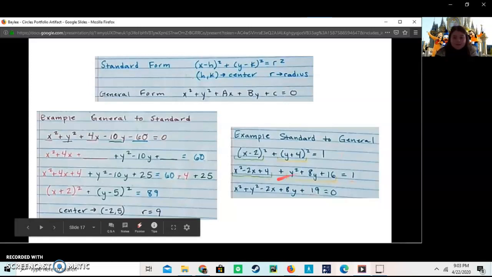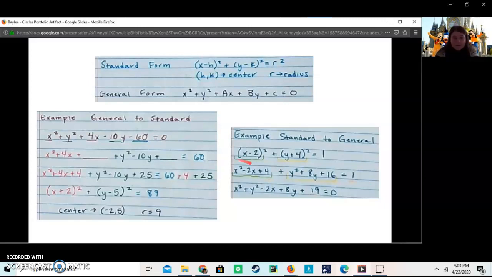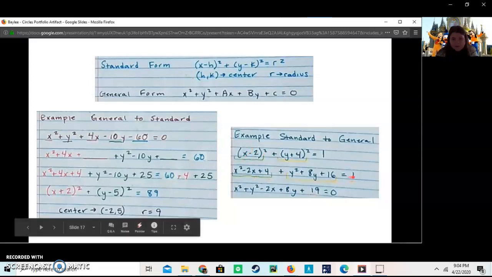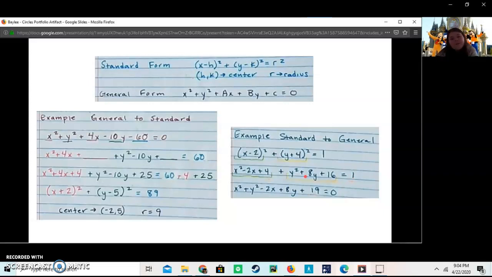So then what we know is that you can take this and factor it out, and it would give us this problem right there, this green portion. And then over here, our (y plus 4) squared would be equal to y squared plus 8y plus 16 when it is all distributed out and multiplied.